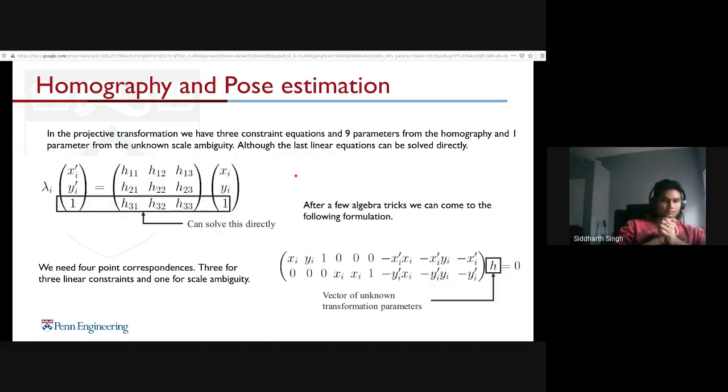Now we'll take care of the scale ambiguity, right? If you remember, we made an assumption of keeping all the points on one plane, and that helped us in solving this directly, right? So these are linear equations that can be solved directly, and we have 9 parameters from the homography, and we have 1 parameter from the scale ambiguity that we need to find, right?